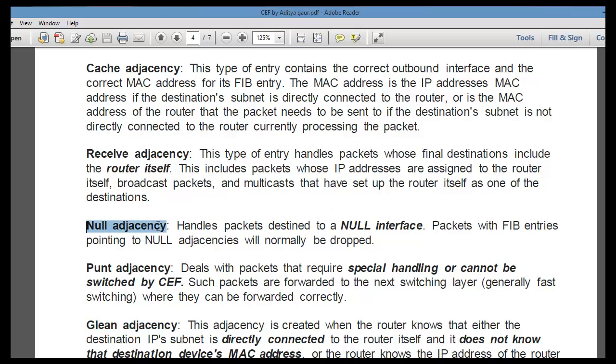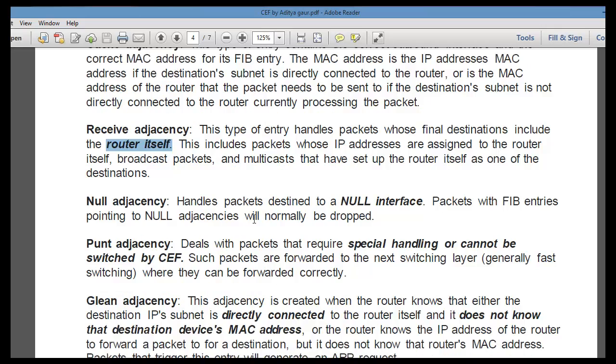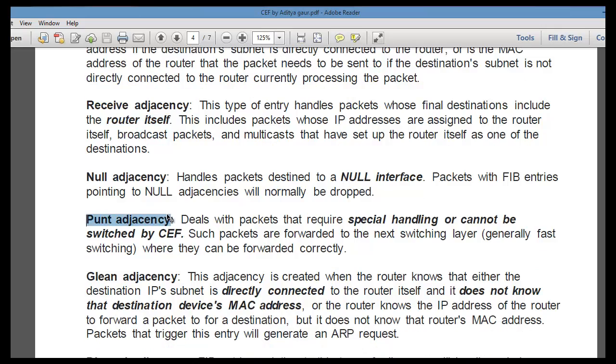Null adjacency is similar to a null interface, all packets are dropped. Receive adjacency means your router itself. Punt adjacency means special handling is required or the packet cannot be switched by CEF.